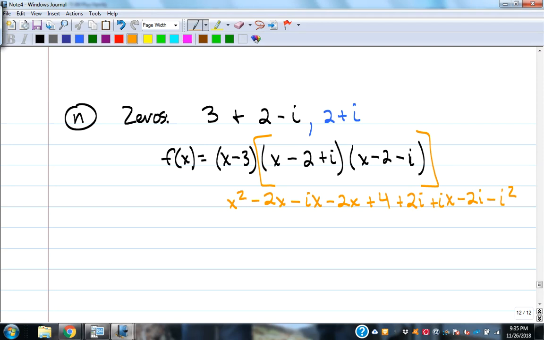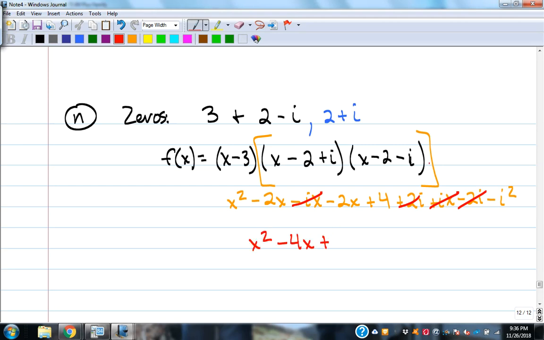Simplifying this is what gets rid of the i's. Here I have a negative ix, and over here I have a positive ix. They wipe each other away. Then I have a positive 2i and a negative 2i. They cancel each other out. I have a negative 2x and a negative 2x together, that would be negative 4x.